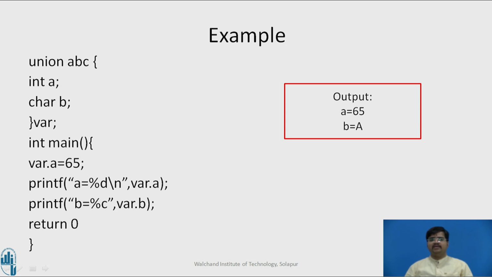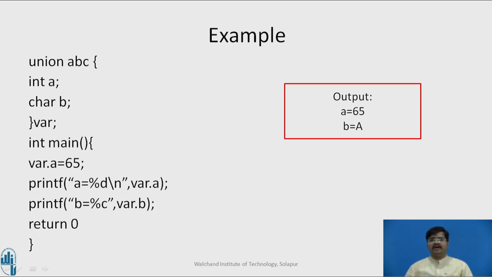Whenever you want to access any data from the union, what syntax will you write? Union variable name dot variable name equal to value. In a similar way, we have accessed the variable: var dot a equal to 65.